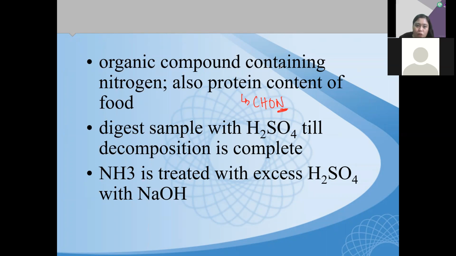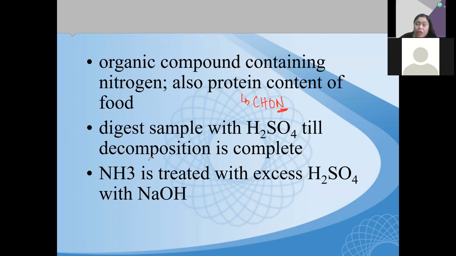Now in the laboratory, if we are going to check how much nitrogen is present, we can digest the sample with sulfuric acid until decomposition is complete. It can be any sample, food or any substance that you suspect contains nitrogen.